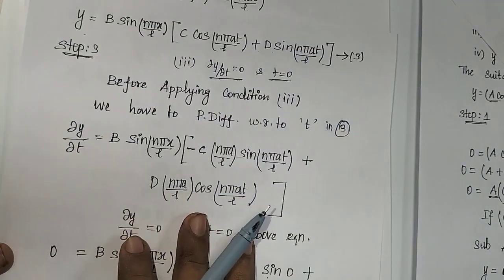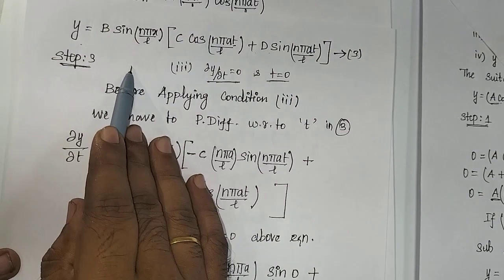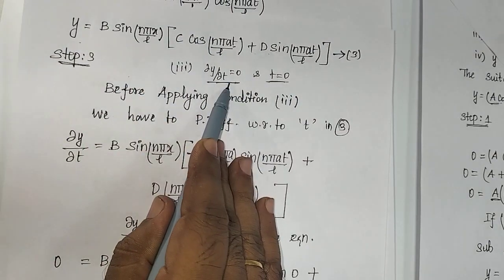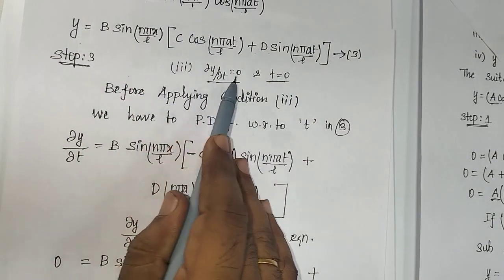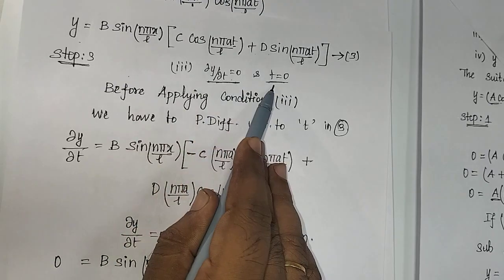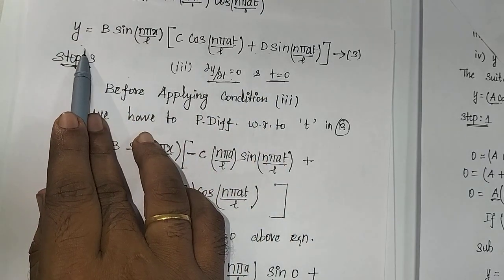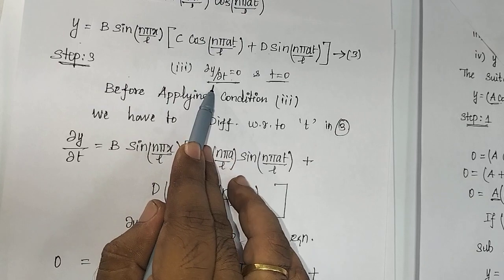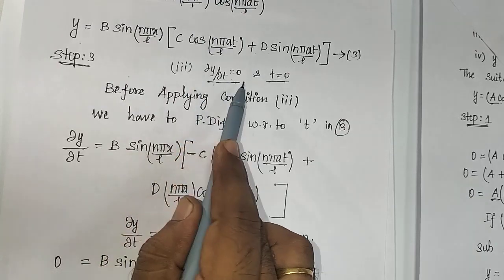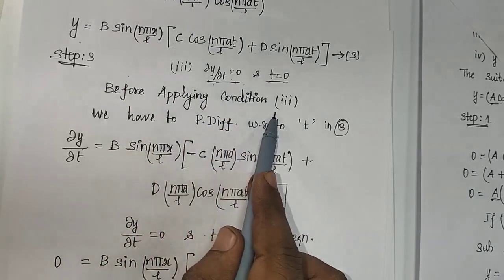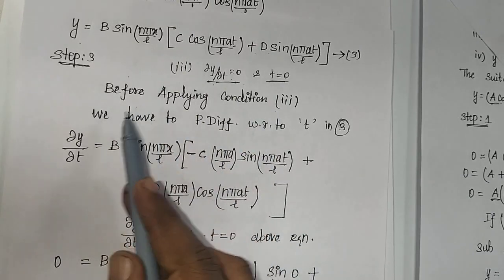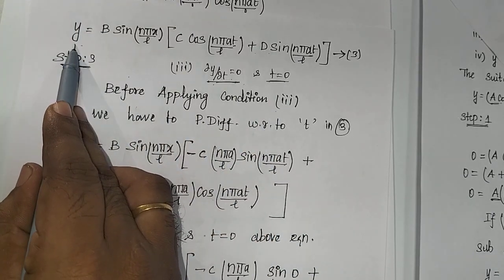After that, in equation 3, we have to substitute condition 3. But condition 3 is ∂y/∂t = 0 at t = 0, and our equation is in terms of y, so we cannot apply it directly. Before applying condition 3, I partially differentiate equation 3 with respect to t.